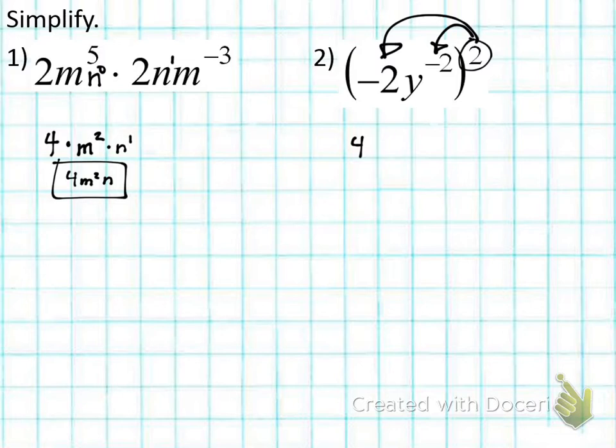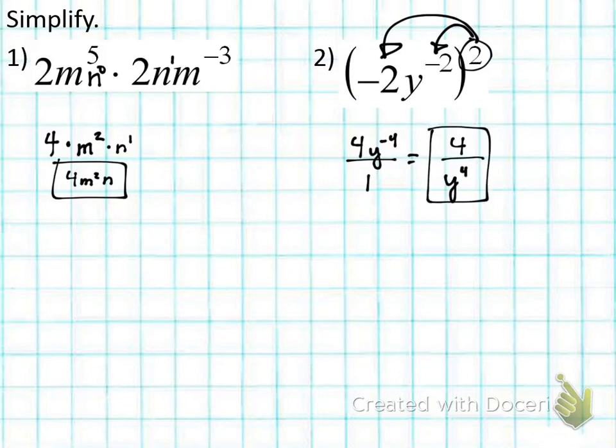We are raising a power by a power, so we got y to the negative 4th. We don't like negative exponents like last week, so we're going to put this into a fraction form and move just the y to the negative 4th to the bottom just to make it positive y to the positive 4th. And that's it. Make sense?